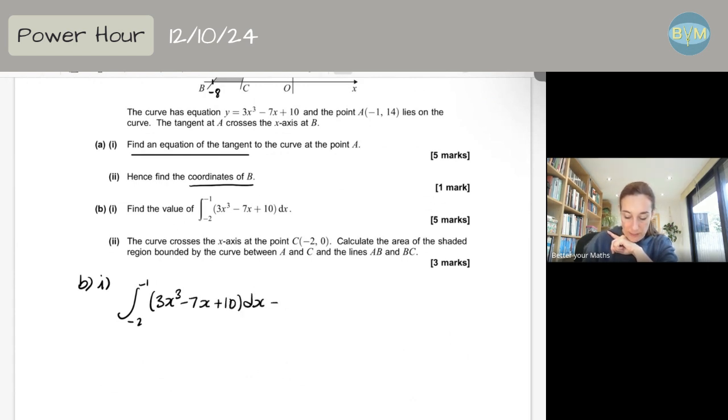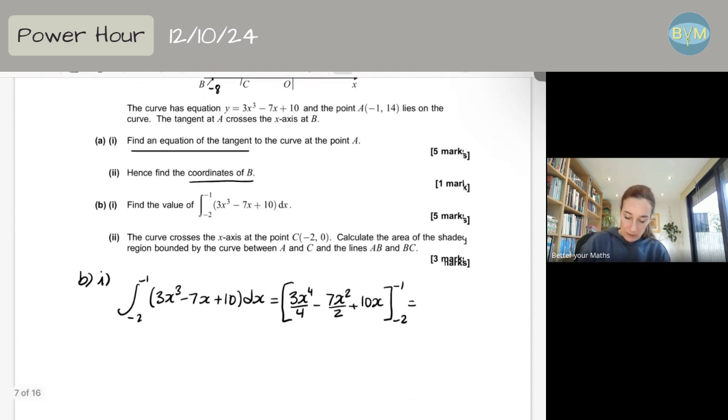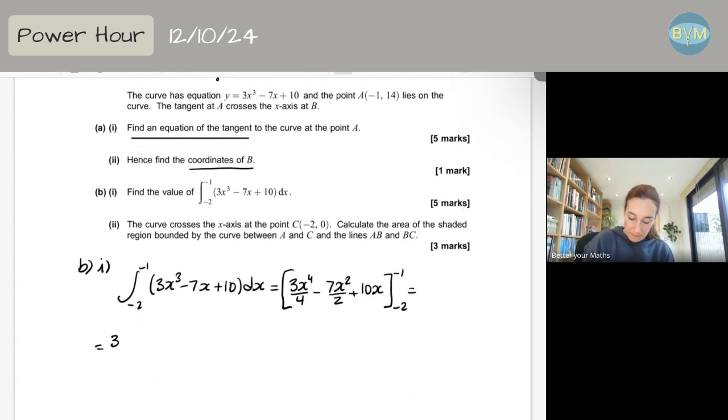Don't wait for me to do it. And then we substitute the minus 1, and then we substitute the minus 2.